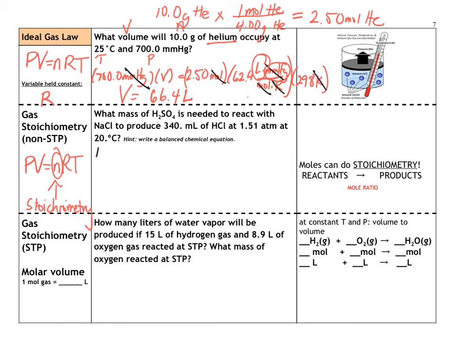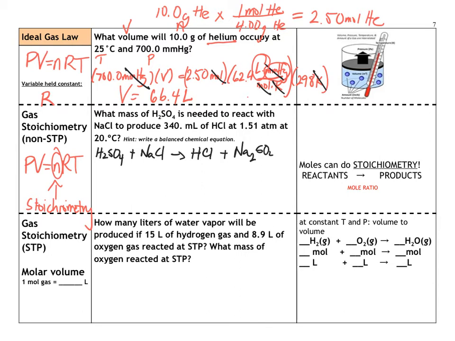So we've got sulfuric acid reacting with sodium chloride to form hydrogen chloride plus, now remember this is a double replacement reaction, the second substance you're forming is sodium sulfate.